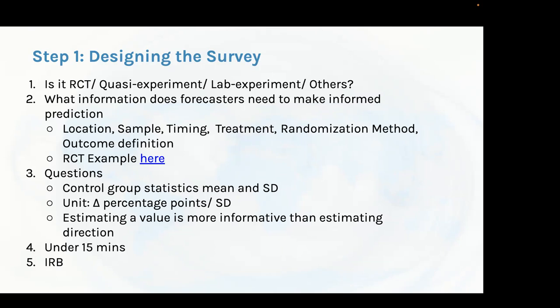But any information you feel you should disclose to the forecaster for a more accurate prediction, you should include. RCTs are generally longer because it's quite context dependent. But for lab experiments, most likely we're getting less background information on the study.